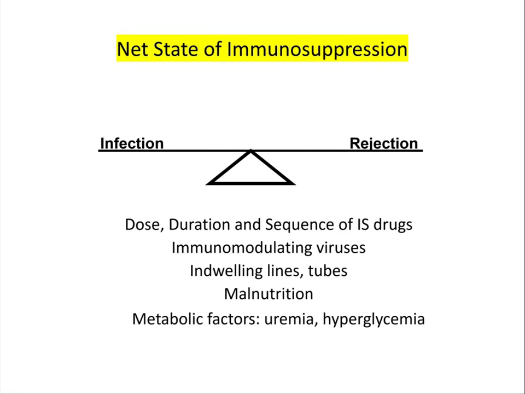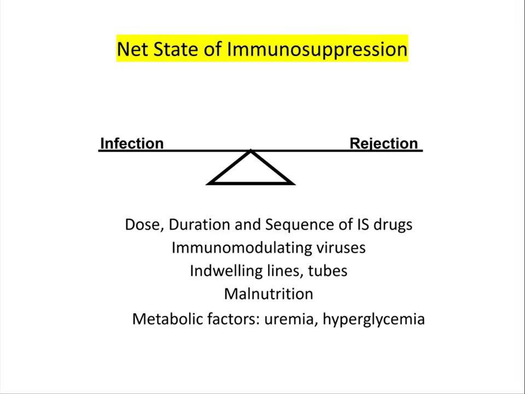There's a fine balance. Many times in the patients you see, especially the hospitalized patients, it's all tilted. Either they are rejecting and on a lot of immune suppression, and then you have a very high risk of infection, or the opposite, they are not tolerating drugs. But usually the net state of immune suppression is conceptual, and the evaluation is very subjective because we still do not have very specific labs or measures to say this person is at this degree of immune suppression.